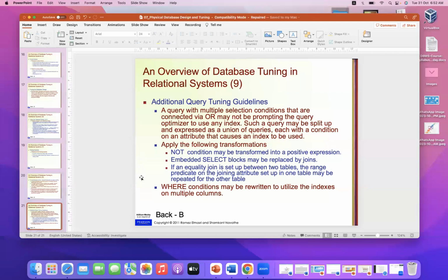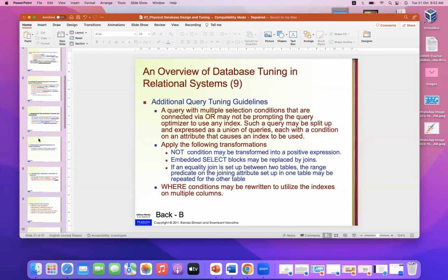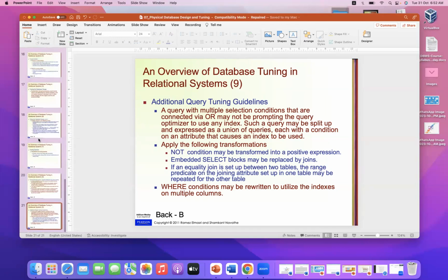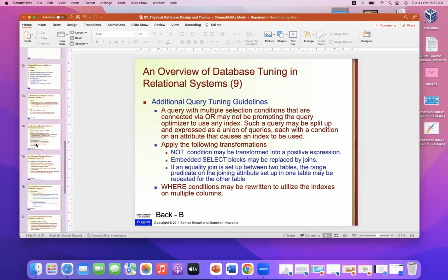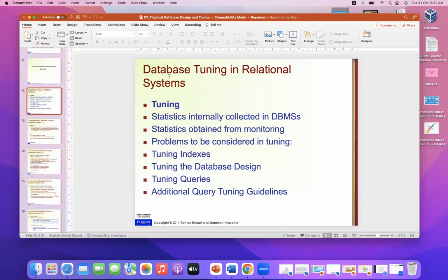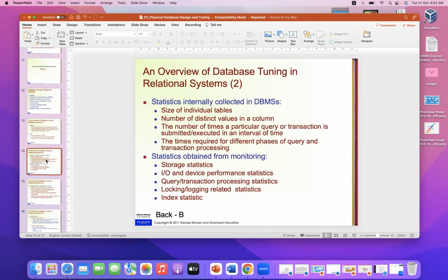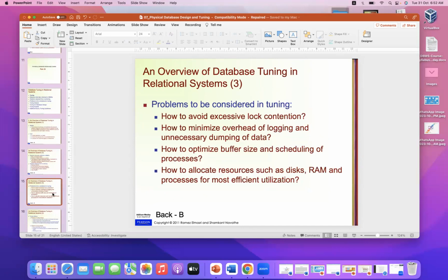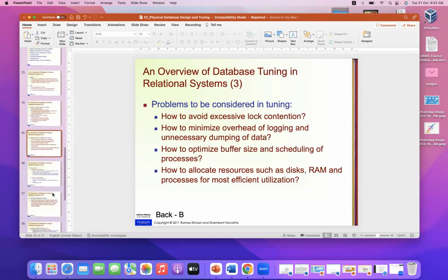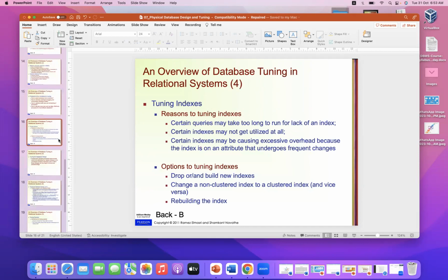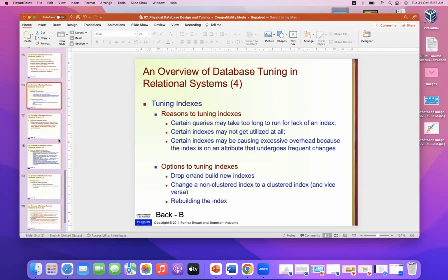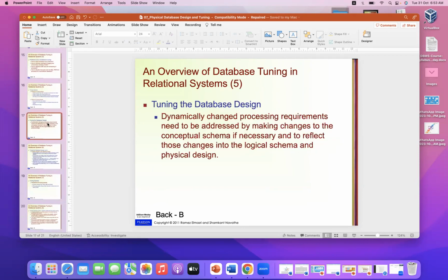Okay, so that is it. In this discussion, we have talked about tuning the database using statistical information, problems that are considered in tuning, and we also discussed why and how to tune the indexes.